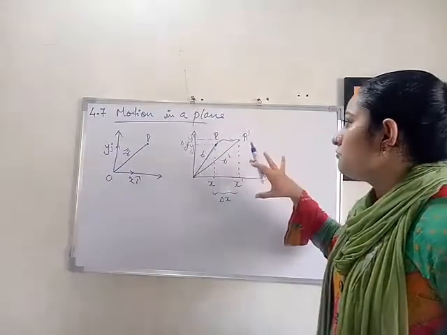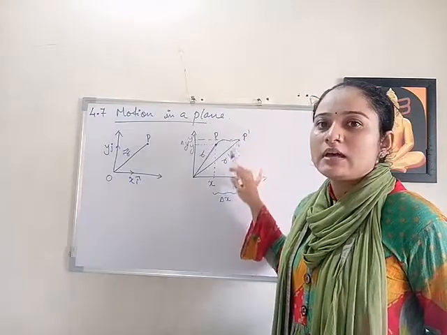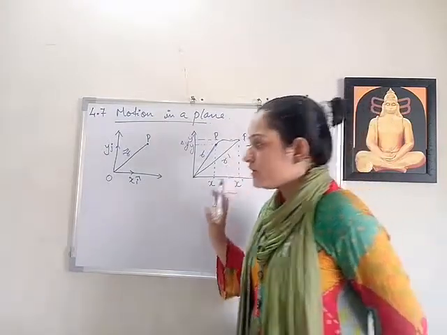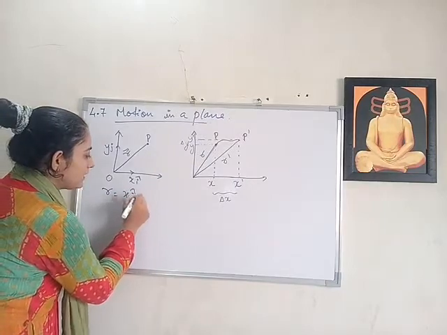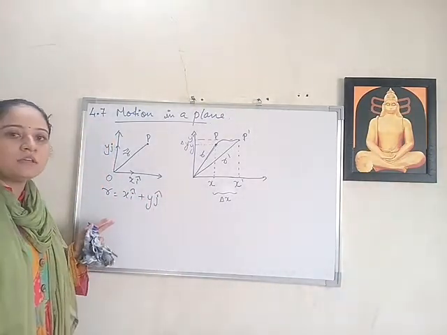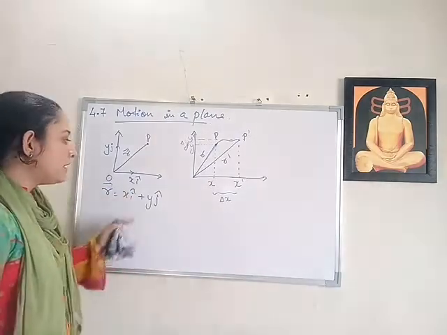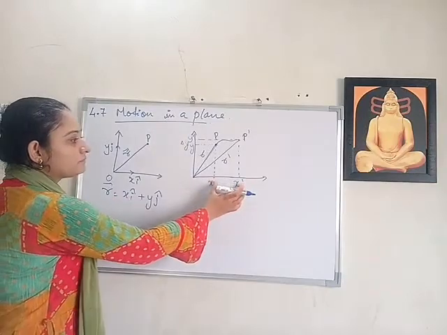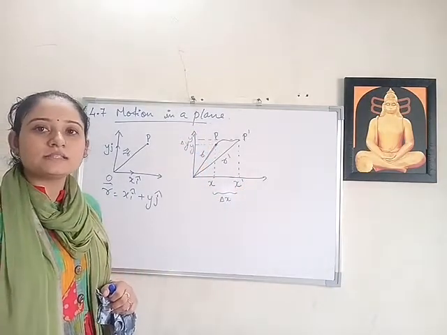So here we come to know about the position vectors and position and its displacement. So here the position vector was xi plus yj. Now there is the displacement along x and y axis.